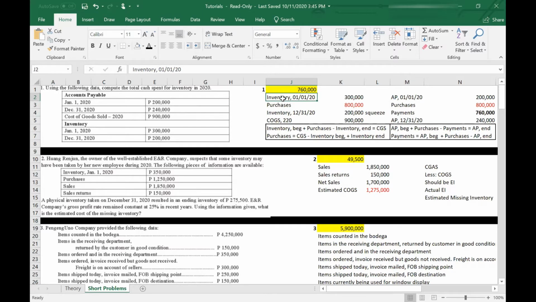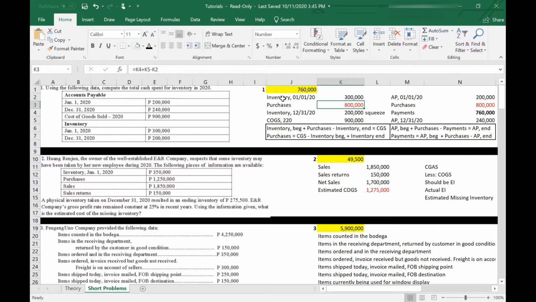You're given that your inventory beginning on January 1, 2020 amounts to 300,000 pesos, and your ending inventory was 200,000. If that's the case and your CGS amounts to 900,000, then if you work backwards, you'll get your purchases amounting to 800,000 pesos.